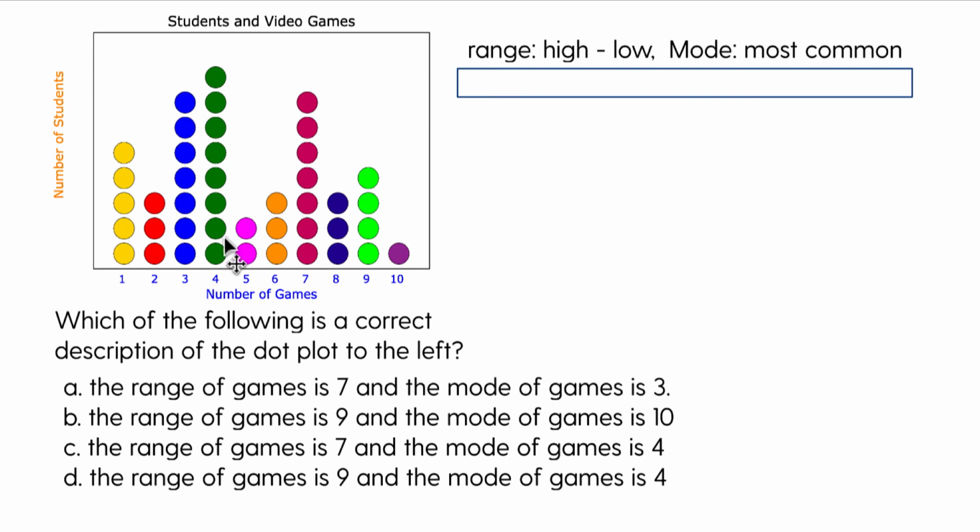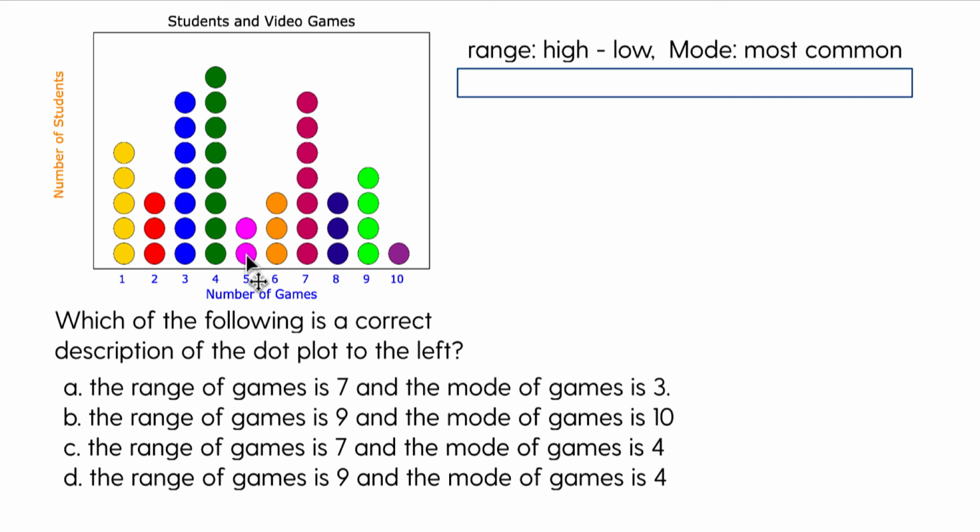So what is the high value of the number of games here? If you look, these are all the number of games, and each dot represents a person. So these aren't bar graphs. I mean, in a way, you can almost think of it like a bar graph, but each dot represents one person. And so we have one person who has 10 games. And then the low value isn't these two here. This represents we have 2 people with 5 games.